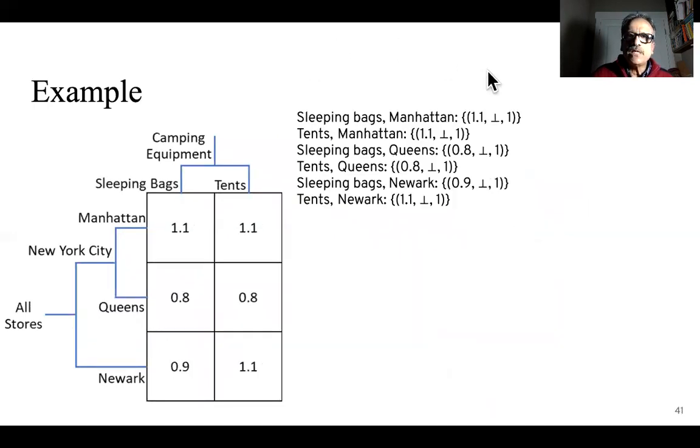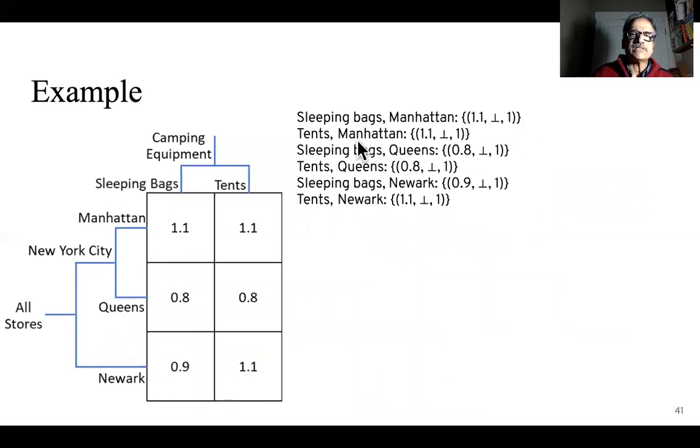So these bunch of annotations, they correspond to the leaves of the lattice. For example, sleeping bags Manhattan, sleeping bags Manhattan. There is no magic to it. 1.1 is the value. There is no dimension node to speak of because I'm at a leaf. There is no dimension node below me. And the value here, sleeping bags Manhattan, that's a typo. That should be 1.1.